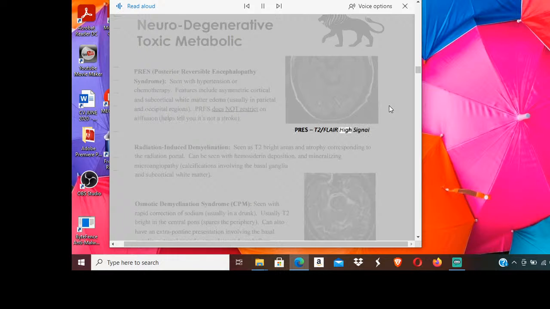PRES, T2/FLAIR high signal. Radiation-induced demyelination, seen as T2 bright areas and atrophy corresponding to the radiation portal. Can be seen with hemosiderin deposition and mineralizing microangiopathy, calcifications involving the basal ganglia and subcortical white matter.